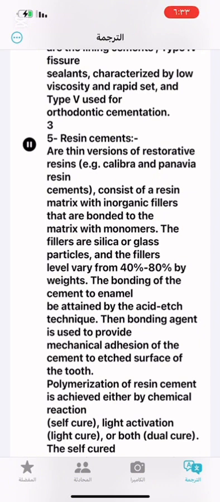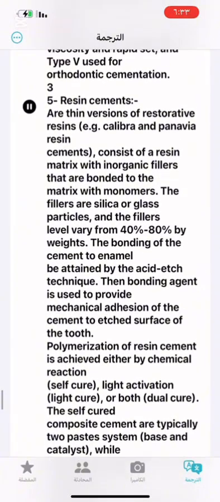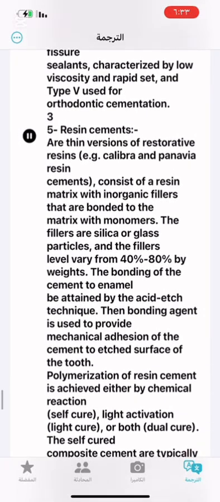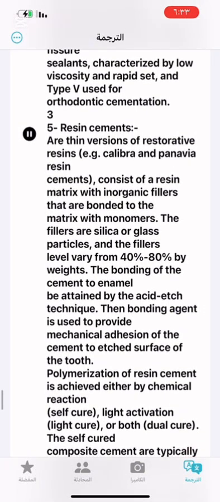Type II-1 are aesthetic cements, available in both conventional and resin-modified presentations, and Type II-2 are reinforced cements which are more wear-resistant.